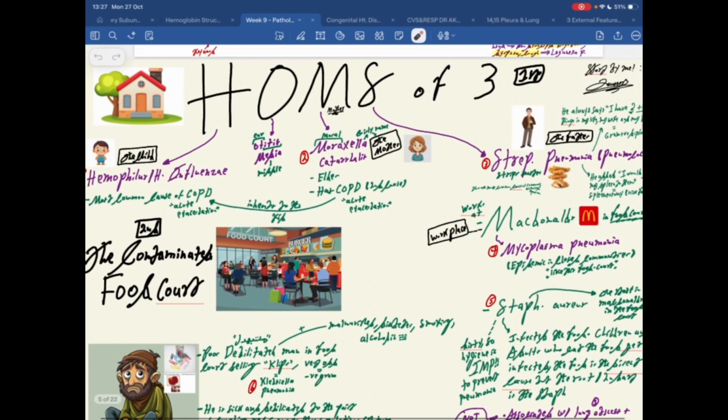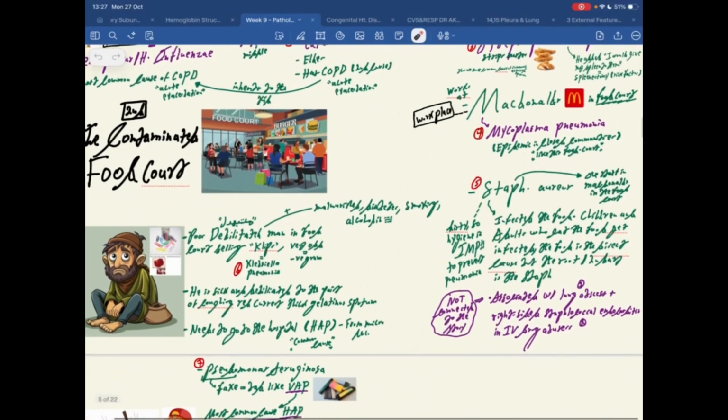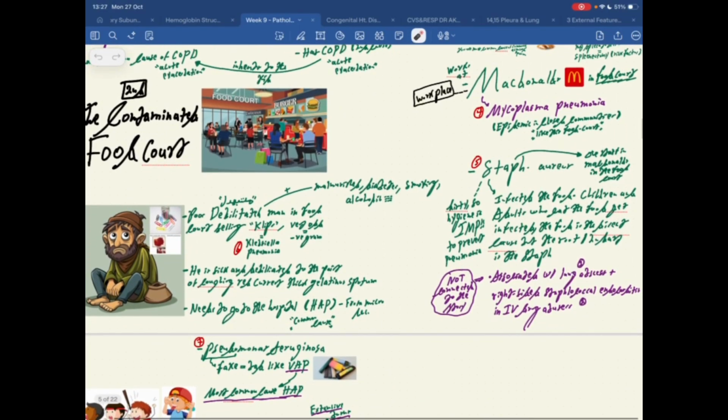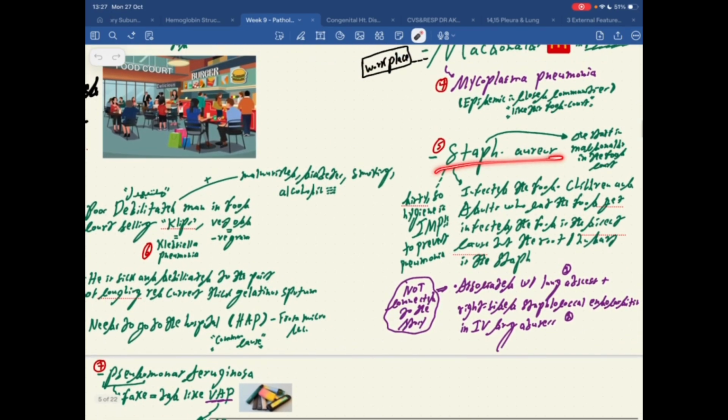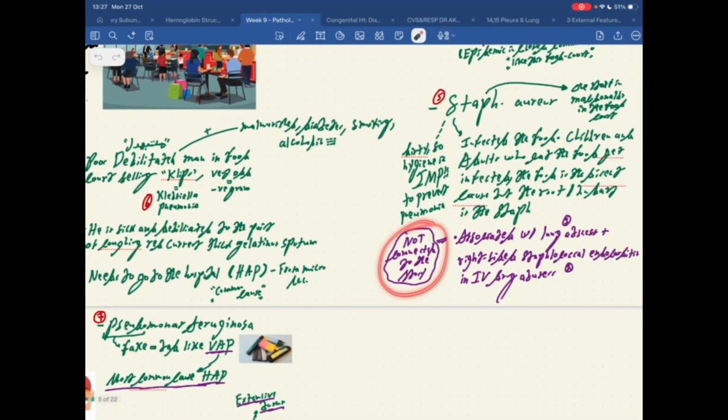Hopefully it was helpful. But before we end it, there are a couple of things you should keep in mind that I did not include in the story that are in our slide, okay? For Staph aureus, I couldn't connect those two things, and they're very important.